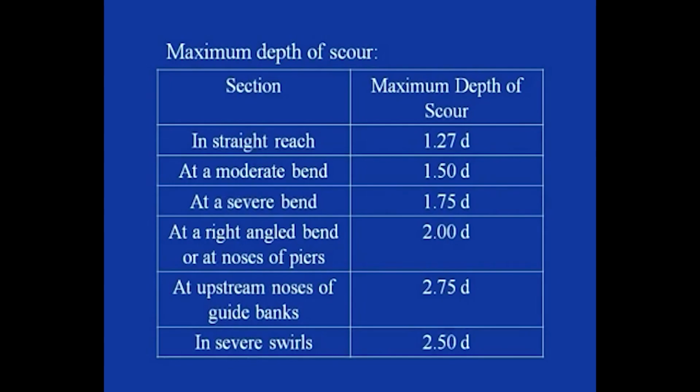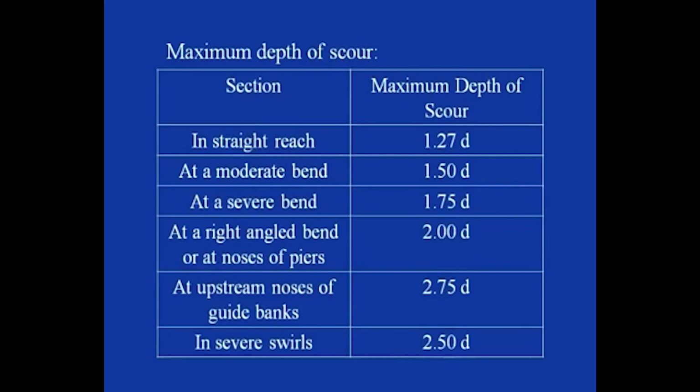Based upon the section, that is, if it is a straight reach, or a moderate bend, or if you are providing the well foundation at a severe bend, or at a right angle bend, or at the nose of a pier, D is the depth of scour which you have obtained from Lacey's formula. That has to be increased to take care of any deviation from the regime.